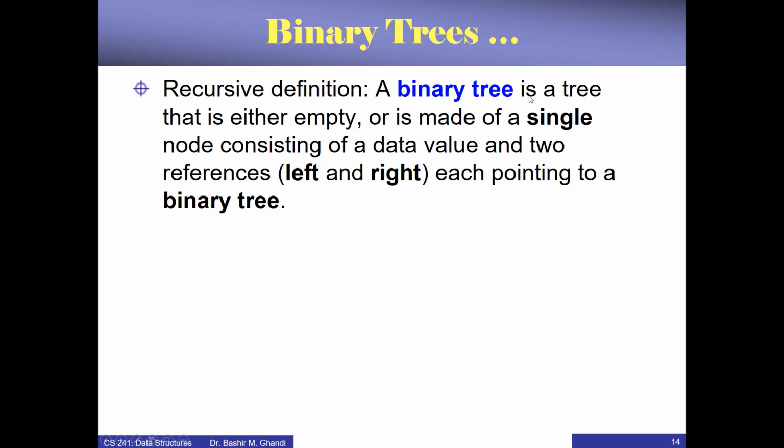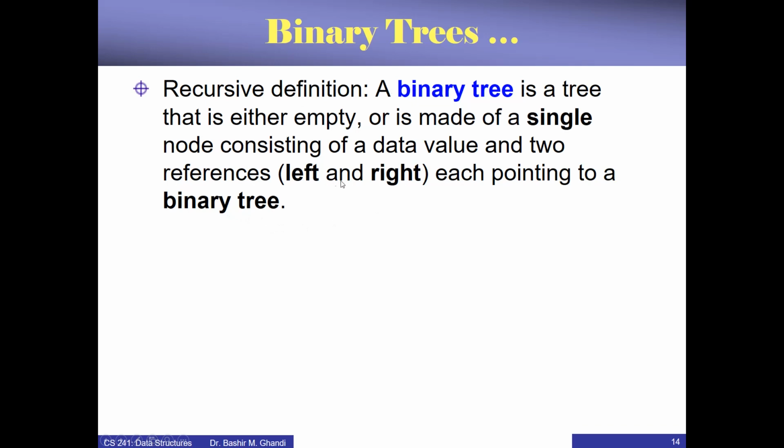It defines a binary tree as either empty or made of a single node. That node consists of a data value and 2 references to binary trees. The references are named left and right, each of them pointing to a binary tree. This is why the definition is recursive. It is defining binary tree in terms of binary tree.